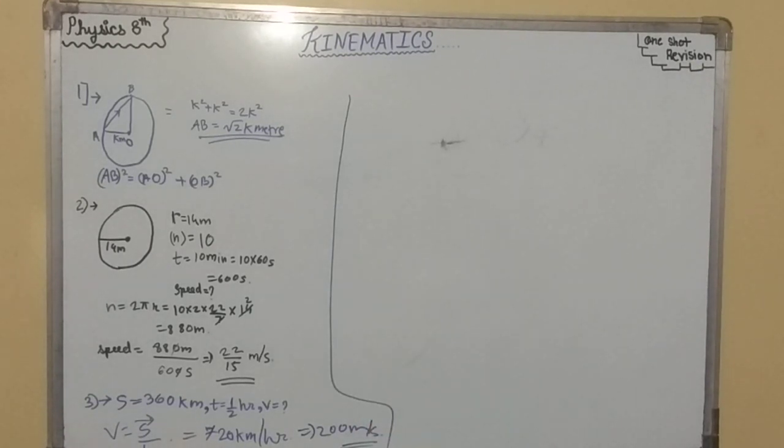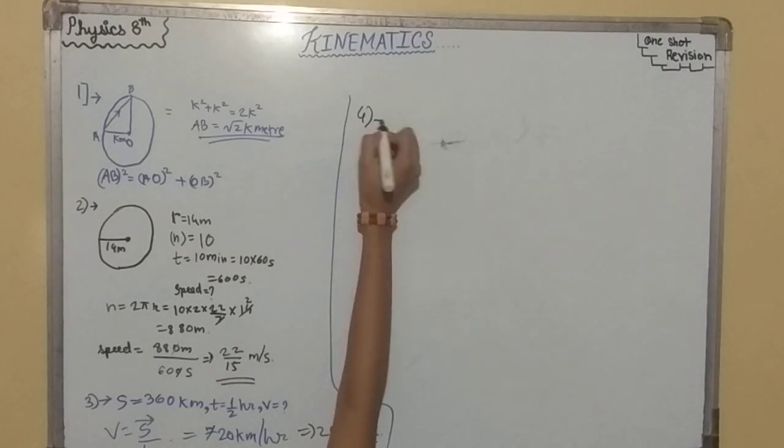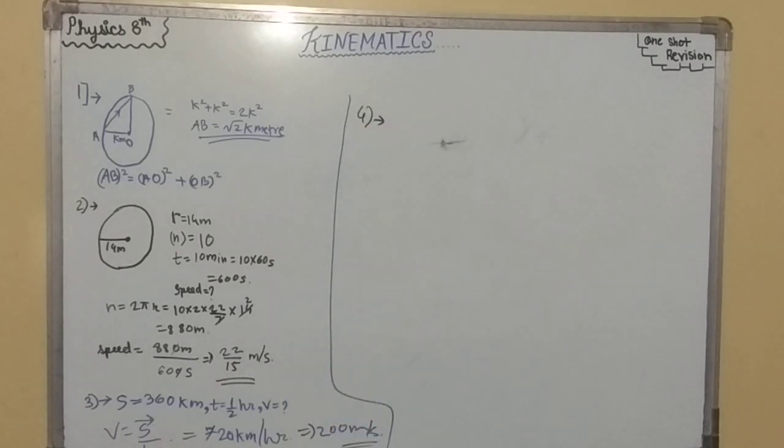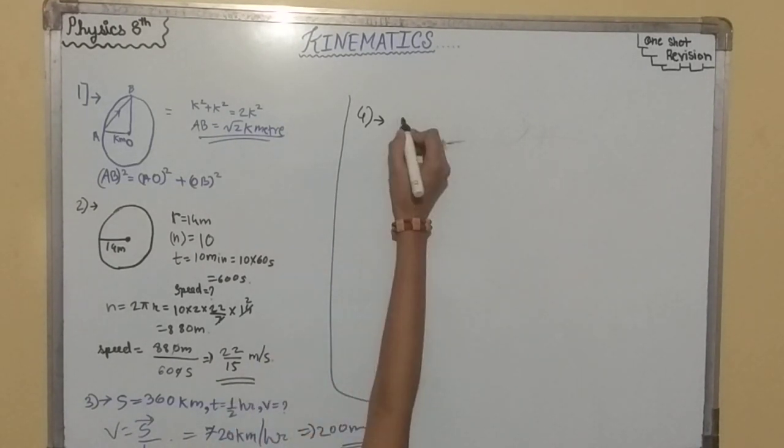Now the objective type question number 4 is, one of the following statements is correct. Option 1, the car traveled around the track at a constant velocity. Option 2, the car traveled around the track at a constant speed. Answer is option number B is correct.